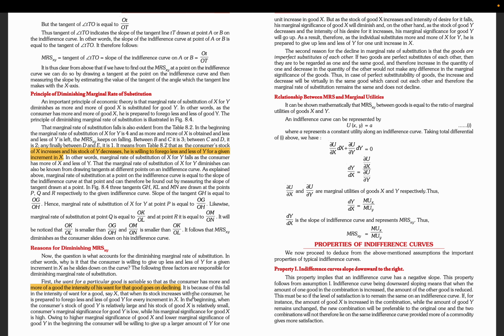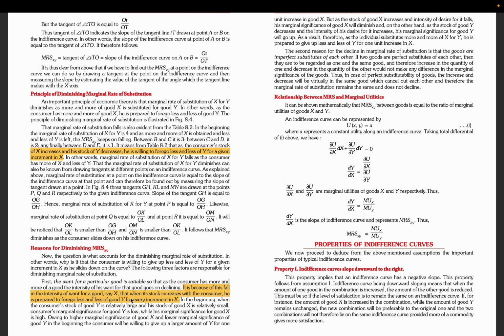It is because of the fall in the intensity of want for good x that, when its stock increases with the consumer, he is prepared to forego less and less of y for every increment of x.